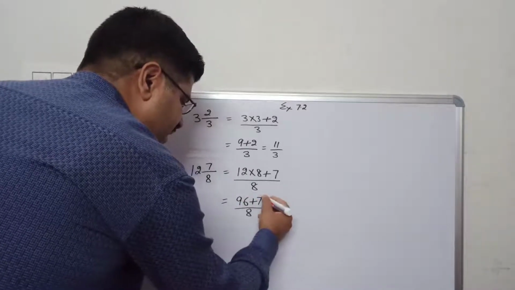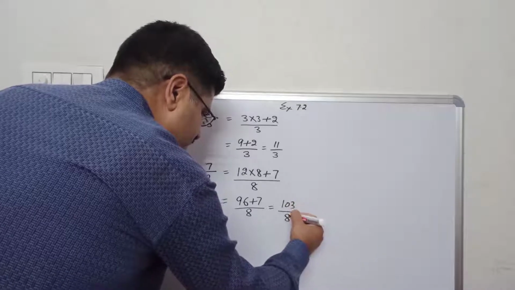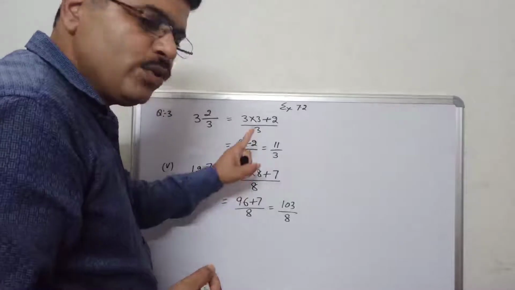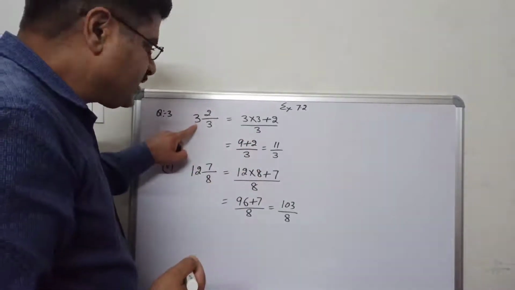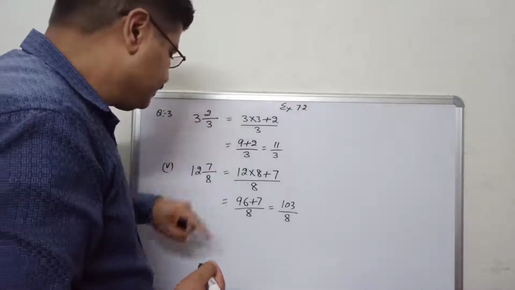So it will be equal to 96 plus 7 is 103 upon 8. So like this we can convert mixed fractions into improper fractions. This part is called the whole part and this part is called the proper fraction.